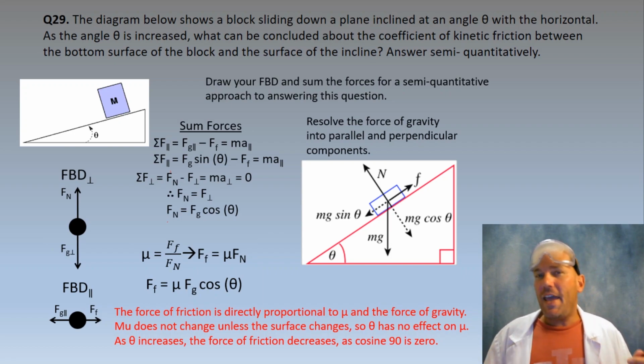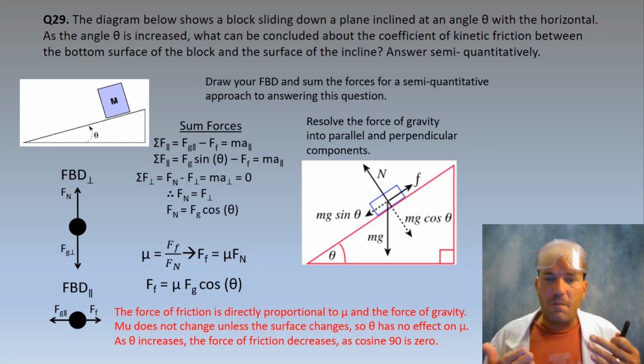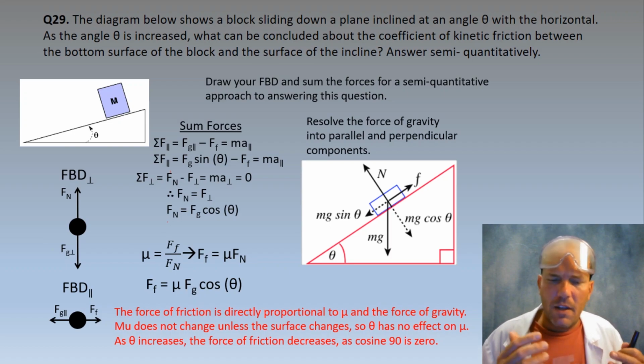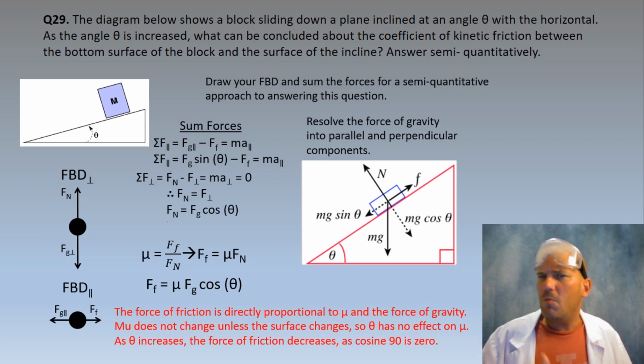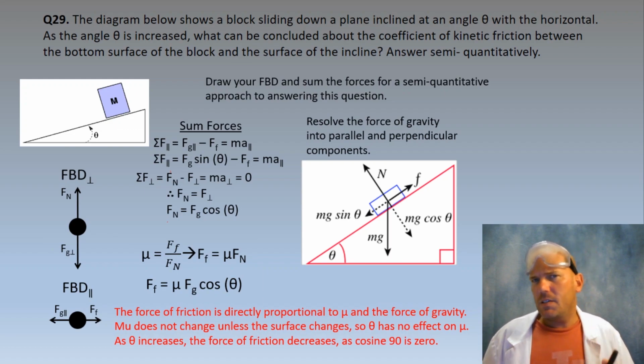So theta does not have an effect on the value of mu. However, as theta increases, the force of friction decreases, as cosine 90 is 0. And we talked about this a little bit. We gave an example of a wagon, where we said what would happen if the angle of inclination went from 30 degrees to 60 degrees, or increased.